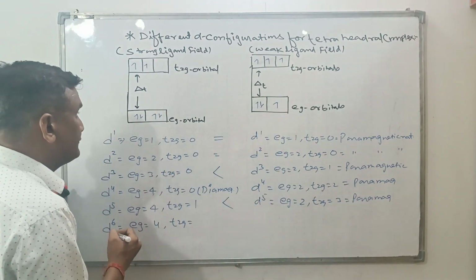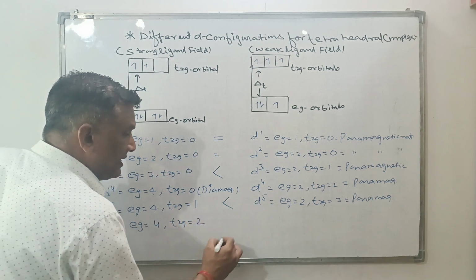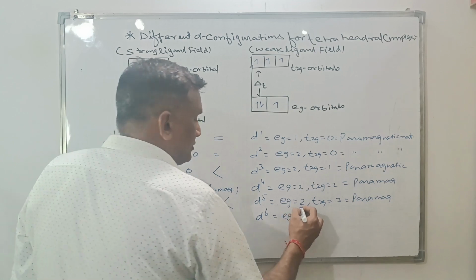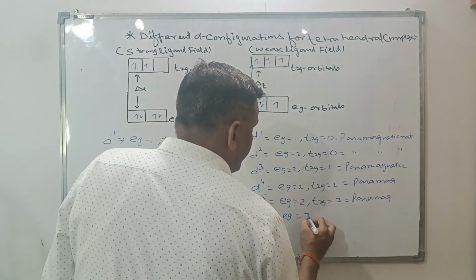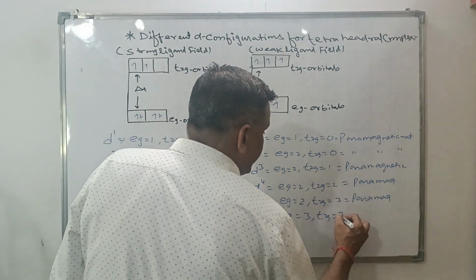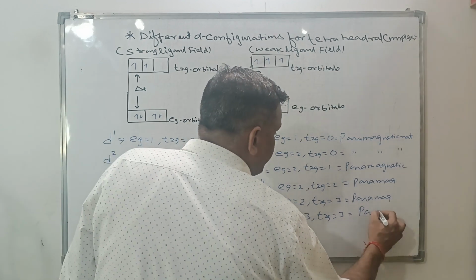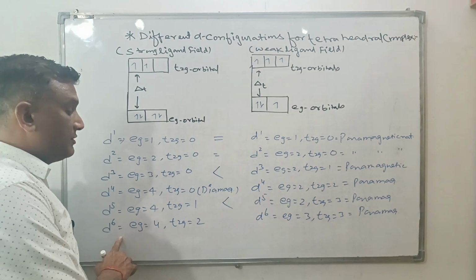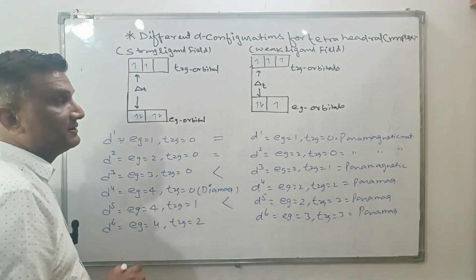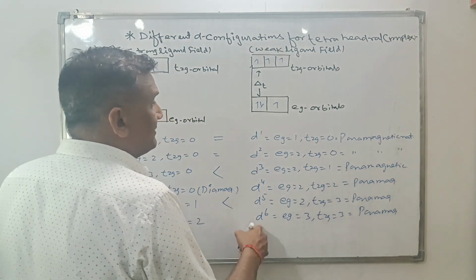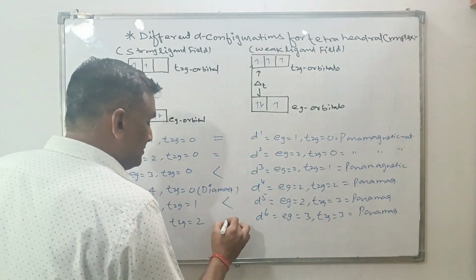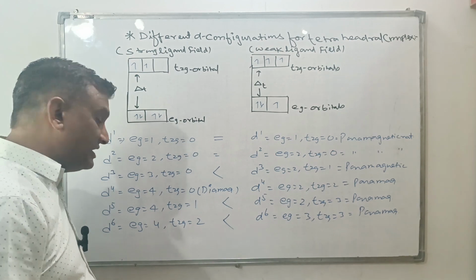So eg is equal to 4, t2g is equal to 2, and here d6 will be eg is equal to 3 and t2g is equal to again 3. Both will be paramagnetic, but for the d6 strong will be less paramagnetic than the weak ligand, because here are 1, 2, 3, 4 unpaired electrons, and here are 2 unpaired electrons, so paramagnetism is larger.